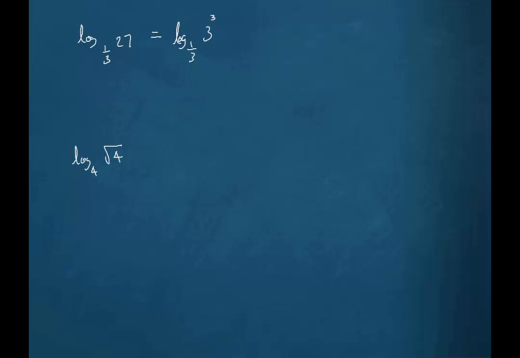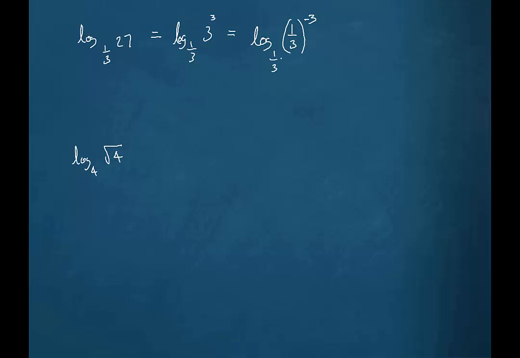But again, we're not quite the same. We've got 1/3 here and 3, but we really could make that 3 into a 1/3 if we wrote it like this. The log base 1/3 of 1/3 raised to the minus 3, because that is what negative exponents do. They move things across the fraction bar.